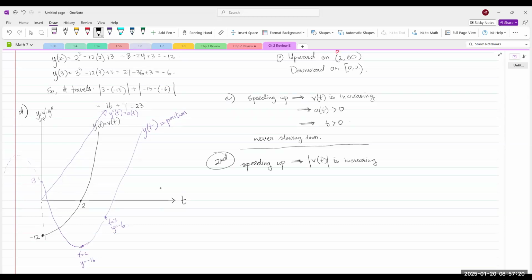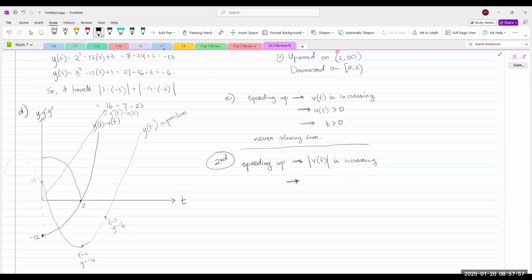Now if we take a look at the absolute value of Vt, then we cannot avoid taking the absolute value of that Vt, which is like this, right? Basically, I reflect this part here with respect to the x-axis. Now, the absolute value of Vt is increasing when the derivative of that is positive.